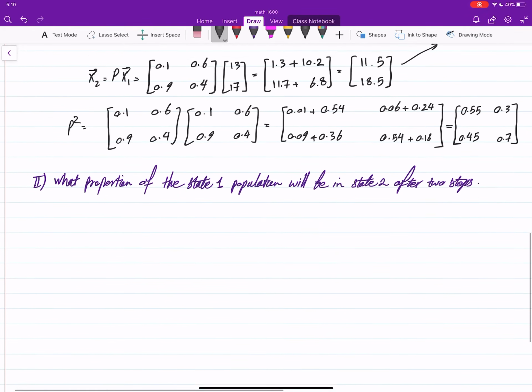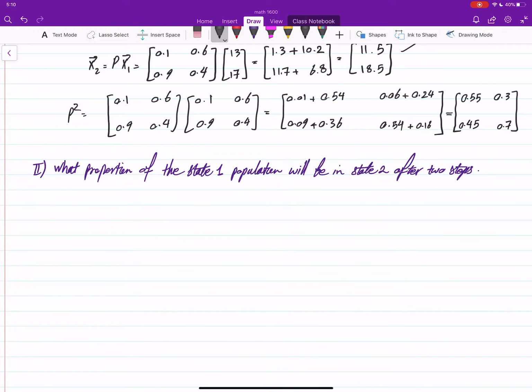Part 2 says, what proportion of the state 1 population will be in state 2 after 2 steps? What does this mean? It means that if I start with 1, 0, so all people are in state 1, and then I let the Markov chain evolve the state vector twice. So it will be P, which is 0.1, 0.6, 0.9, 0.4.